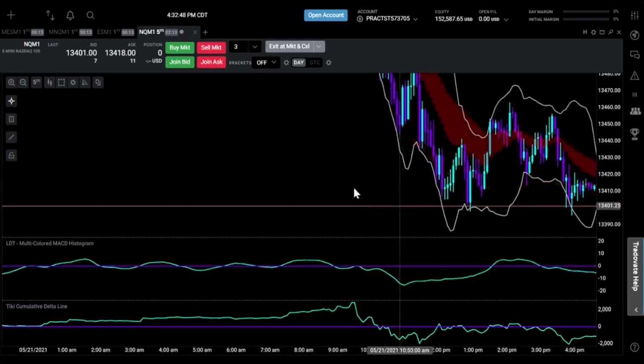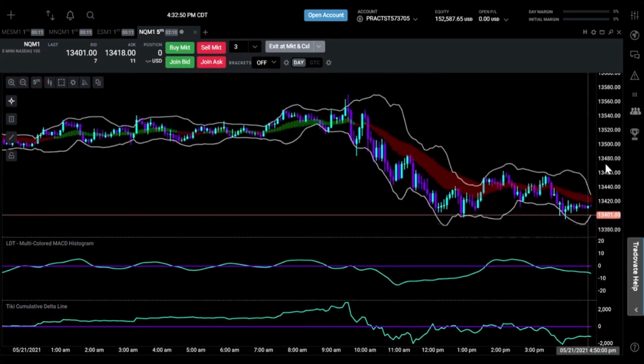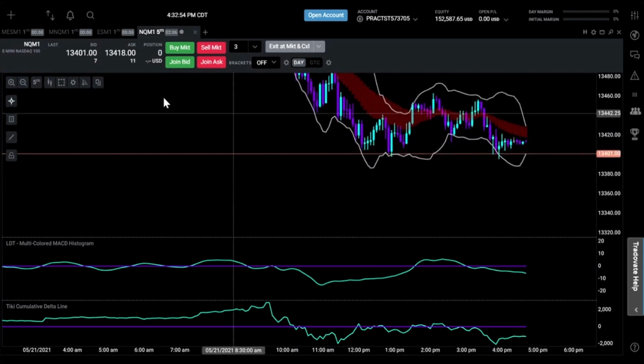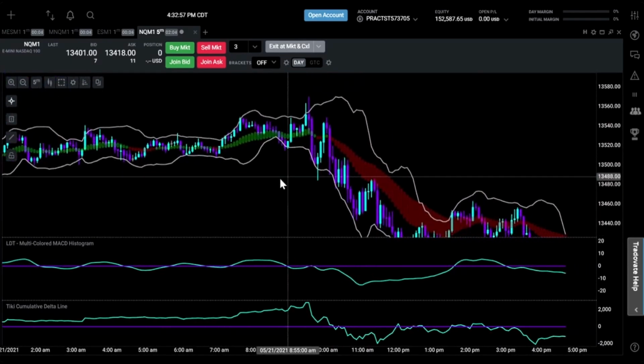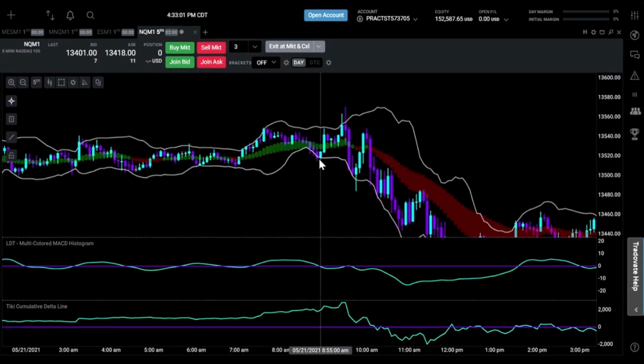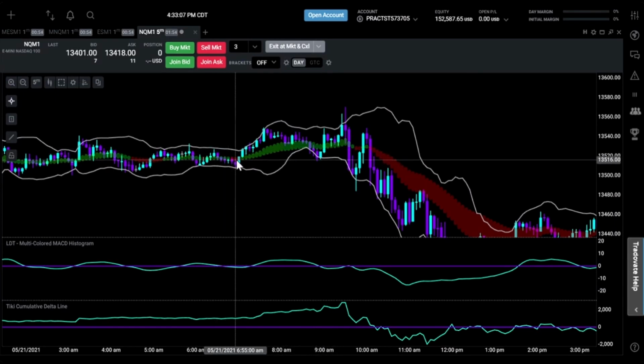Like Friday, for instance, you only had one opportunity. So, perfect example right here. I took this long right here on the NQ. You see, we had a red to green move, right? And here was the level, right?